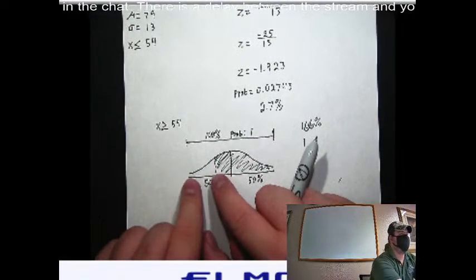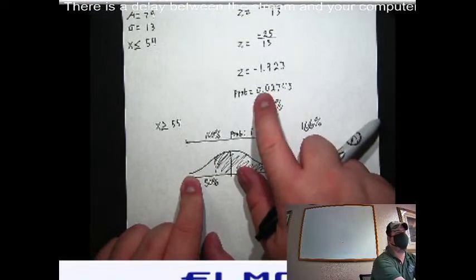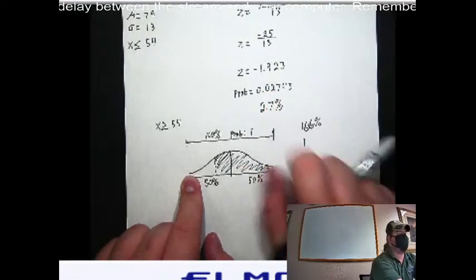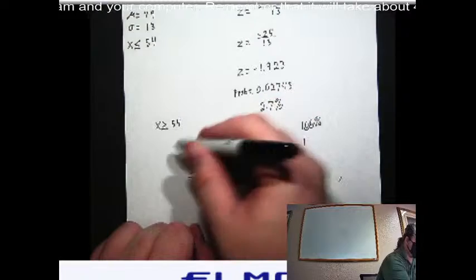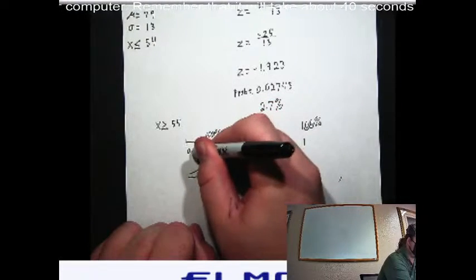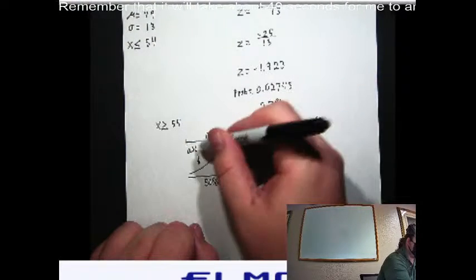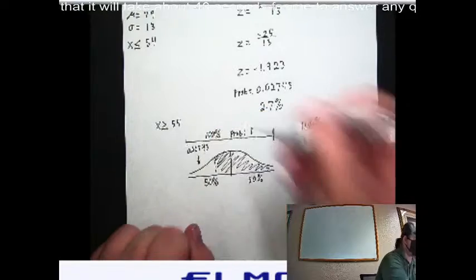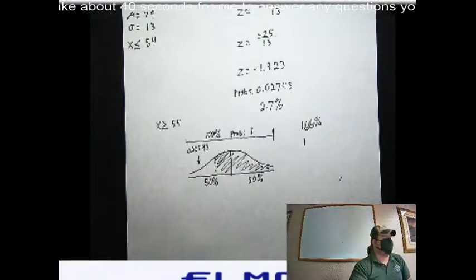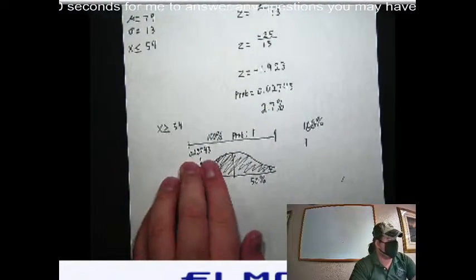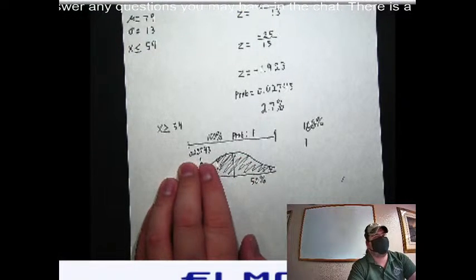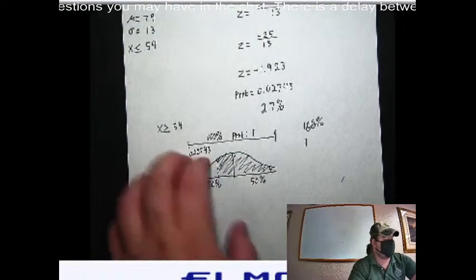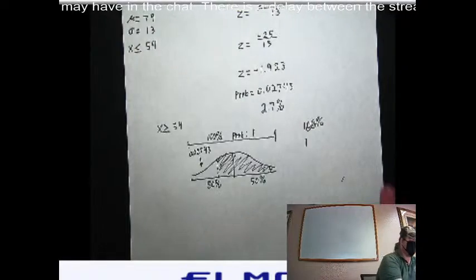So if we know this area right here, we know that it is 0.02743. If we take that away from the entire thing, it will give us the other side. It'll give us the stuff above that. Like I said, we literally subtract it.